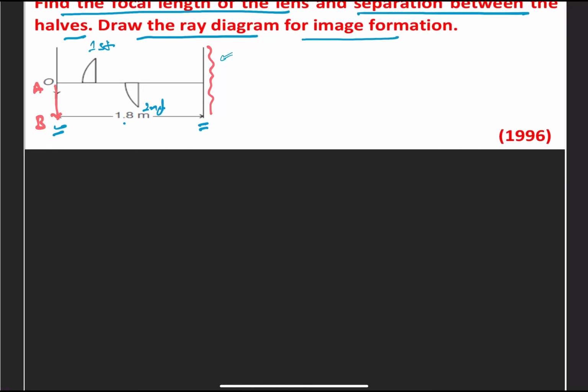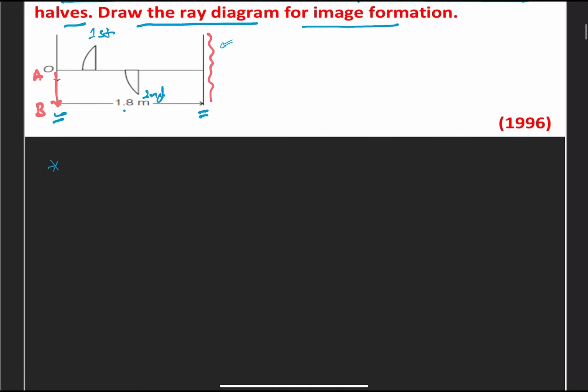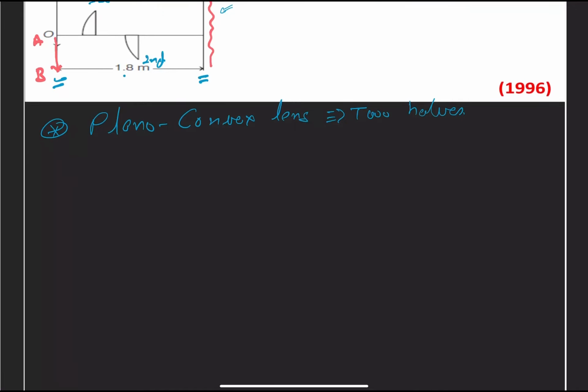So we can say that the plano-convex lens has two halves, and among these two halves only one half is shifted along the optical axis.